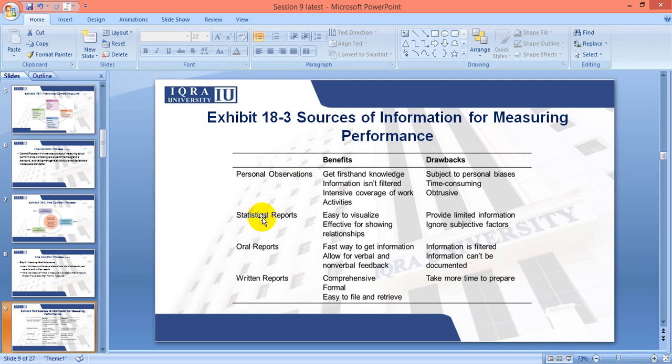All right, and then we have statistical reports. Statistical reports are calculation-based reports that are developed to say where we are heading, what the current performance of the workforce or the departments is, etc. The benefit is that it's easy to visualize. It's easy to see where we are headed, and statistics makes things easy.